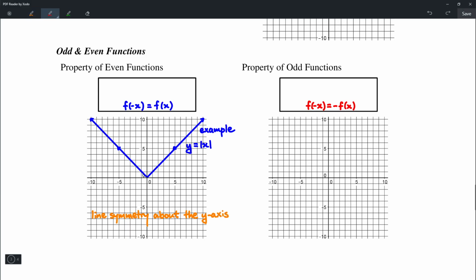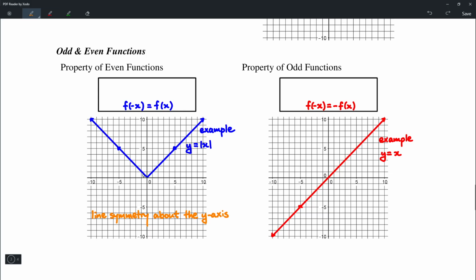Okay, so for an odd function, we simply have y is equal to x. Right, so let's say, for example, if we substitute in -5, we simply get, well, -5.